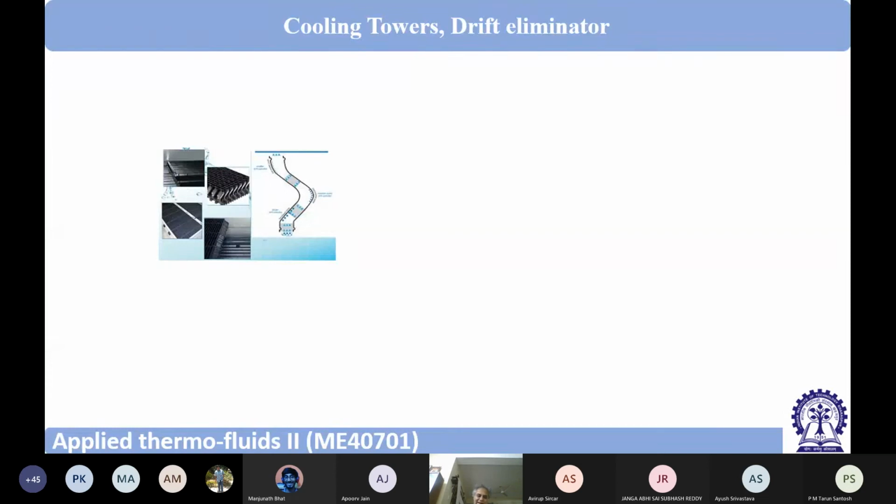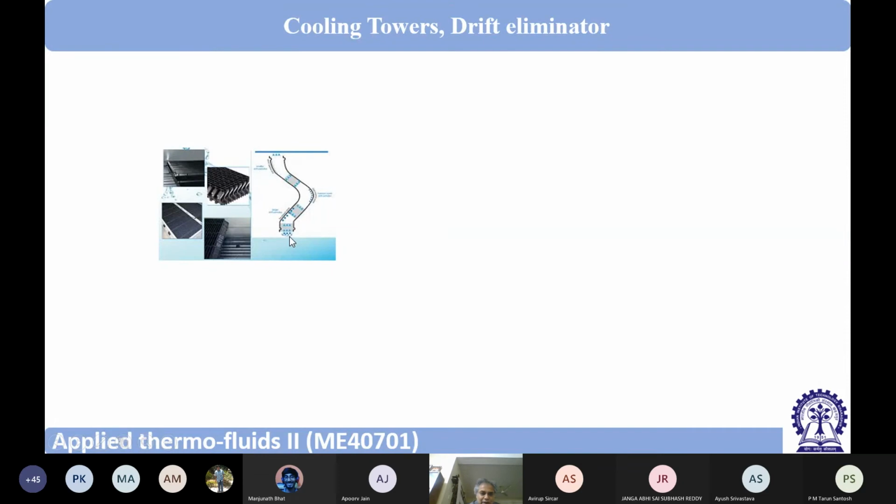At the same time, when these water droplets go to nearby structures, like the car parking place, they will get deposited over there, cause corrosion and some sort of objectionable local effect. That's why these water droplets are to be eliminated as far as possible.